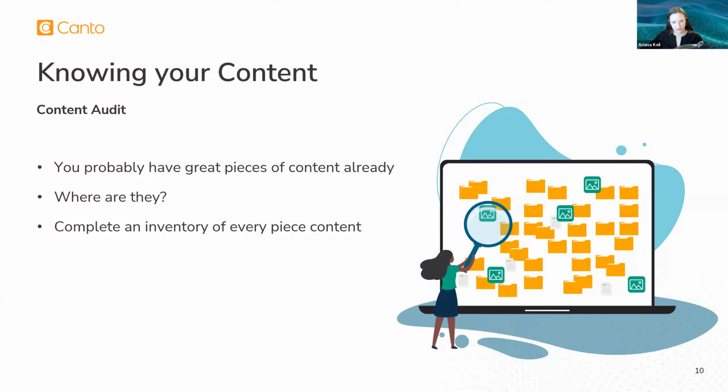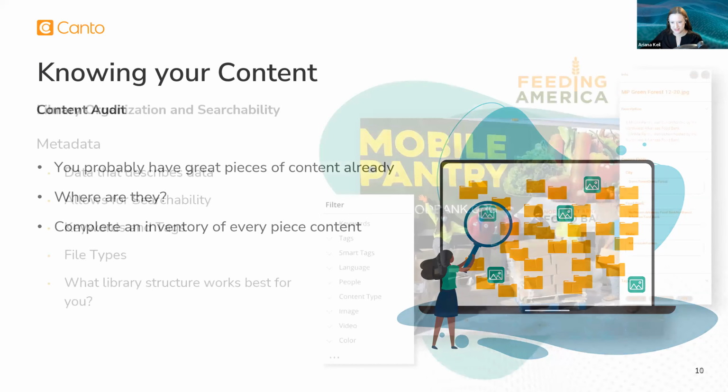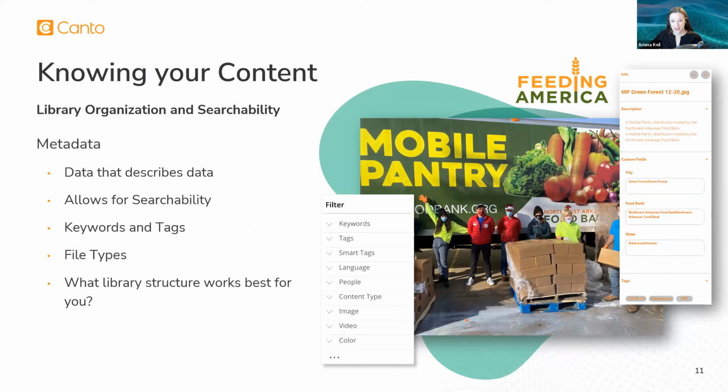You want to know where all of it is, what it entails. And of course, all your images. And at this point, you should also begin to look at where it's stored, who has access to it, and begin to implement a consistent library structure.